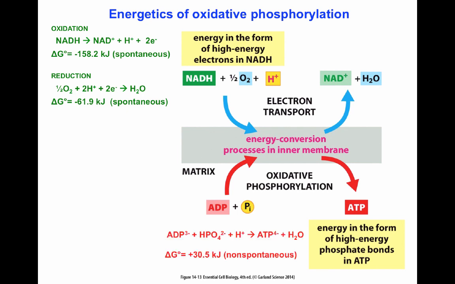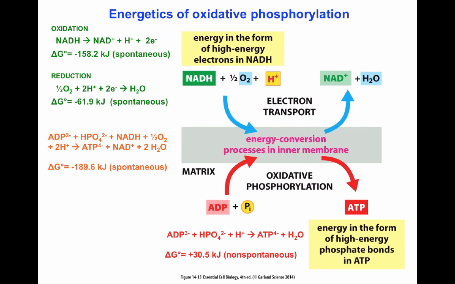However, when we look at the phosphorylation, when we have an ADP molecule plus an inorganic phosphate and a proton to give us an ATP and water, that reaction has a delta G naught of plus 30.5 kilojoules, which is therefore non-spontaneous. So what the oxidative phosphorylation mechanism has done is put together these two reactions, as shown here in orange.